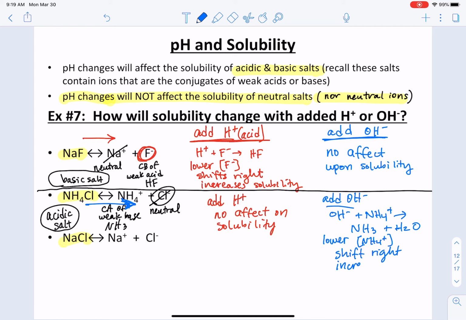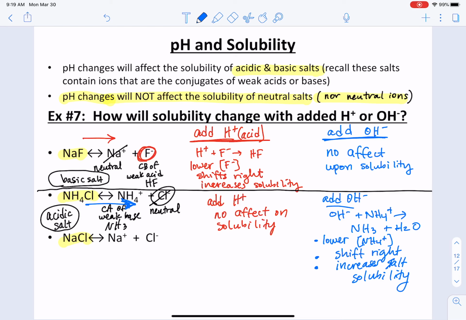So it increases the salt solubility. Okay, so that's kind of the idea here. It's going to lower the concentration of ammonium, which then causes a shift to the right, which increases the salt's solubility.